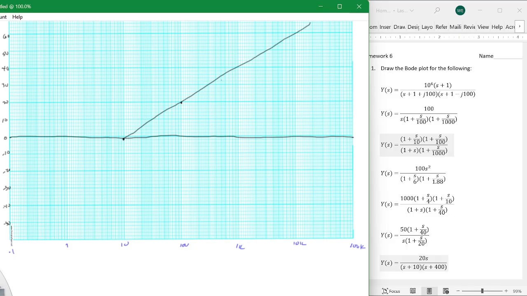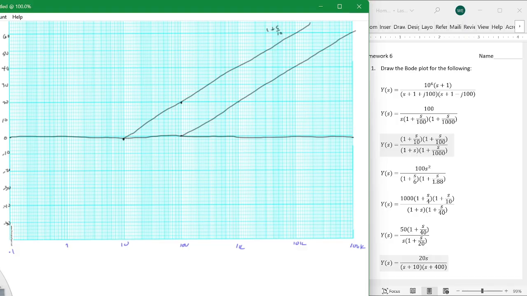This is the 1 plus S over 10. That's that line. What about the 1 plus S over 100? Starts at 100. Does it go up or go down? Goes up. Okay, now you've taken care of the numerator.